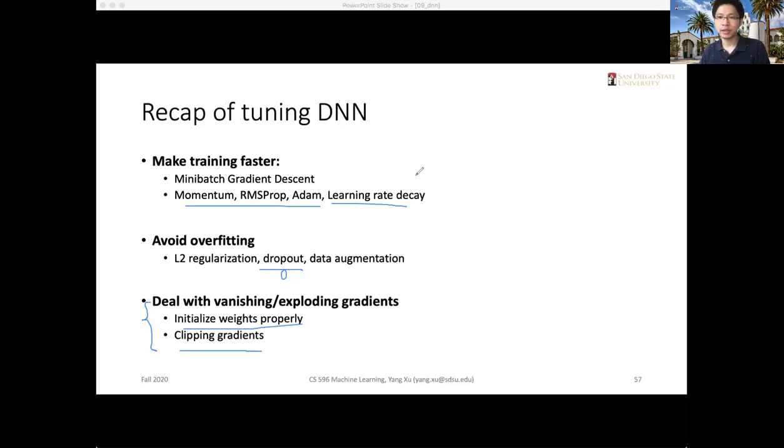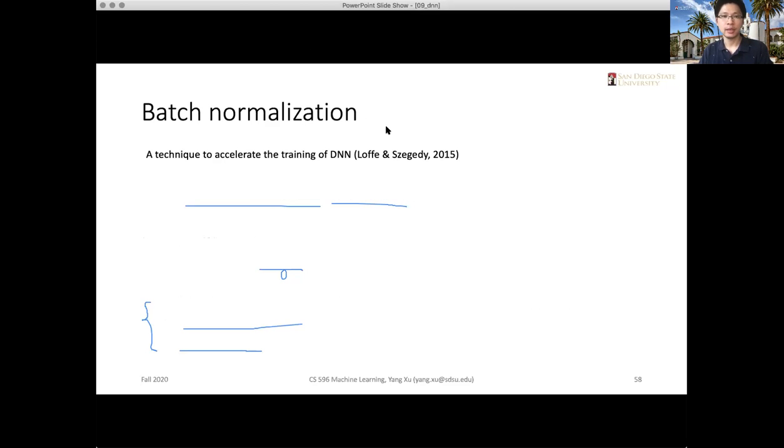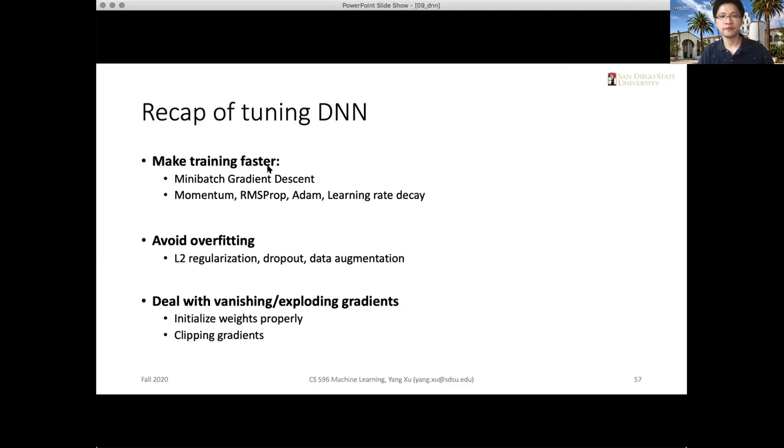Lastly, we're gonna talk about the final technique, which is called batch normalization. The original goal of it is to accelerate the training of deep neural networks. So it kind of overlaps, and it should belong to the first category.